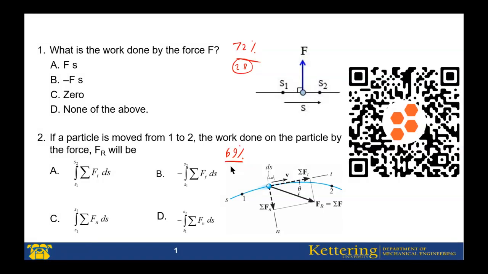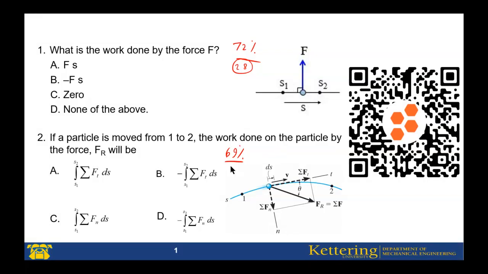We started to talk about the work. You know about the work? Work is the force multiplied by displacement as you learn in physics. But I showed you how to find the work in terms of a mathematical expression.